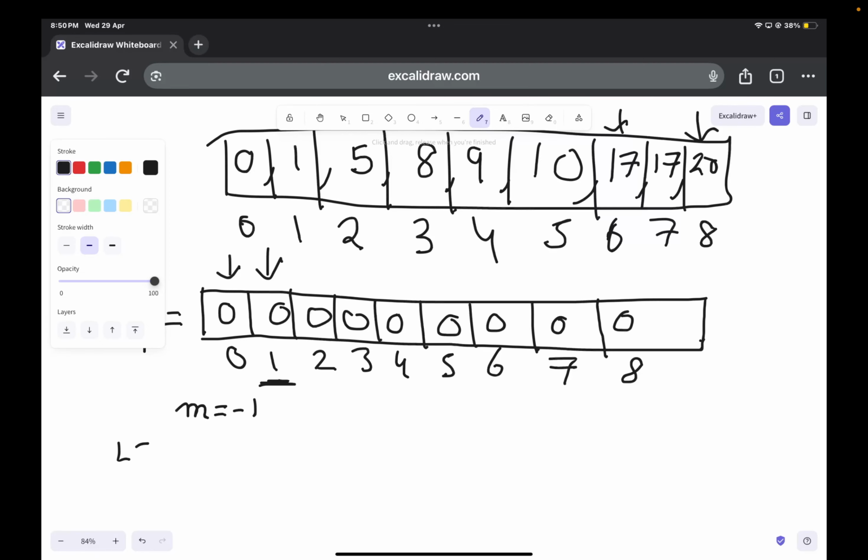Now see, length is 1. So if length is 1, for how many lengths can I change? Right now think your scale is of length 1, don't think your scale is of length 8.